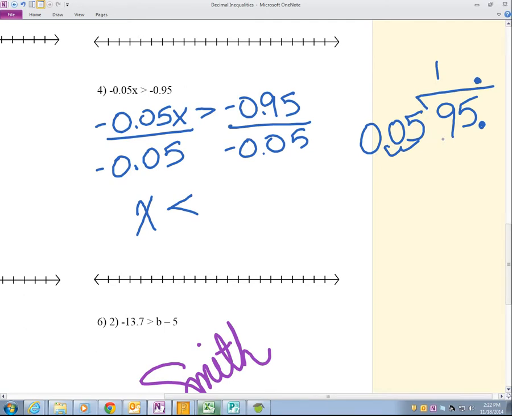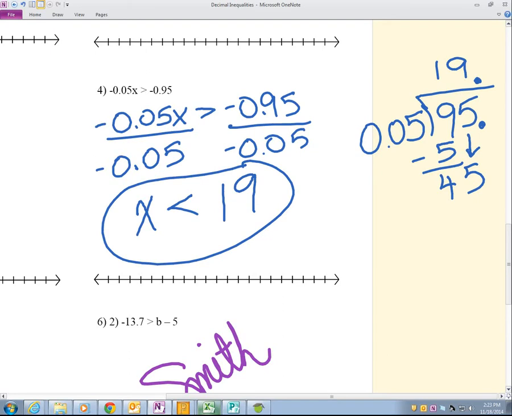So that goes in 1, 5, 40, 5. Bring this down. 5 goes into 45 9 times. So that makes x is less than 19. It's a positive number. I'm going to go 1, 2, 3, 4.